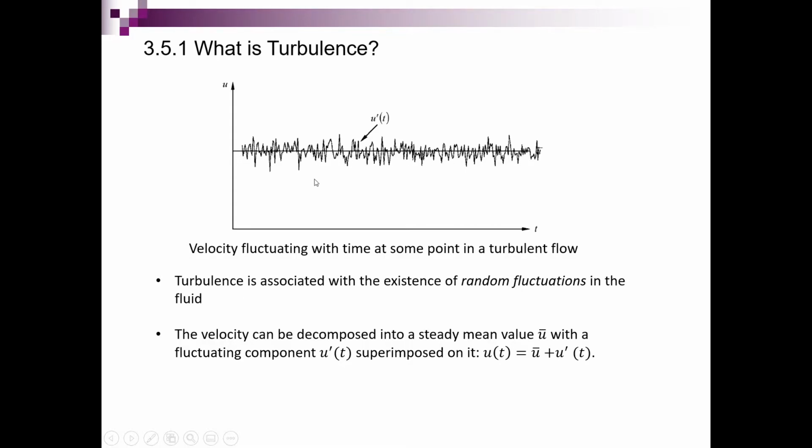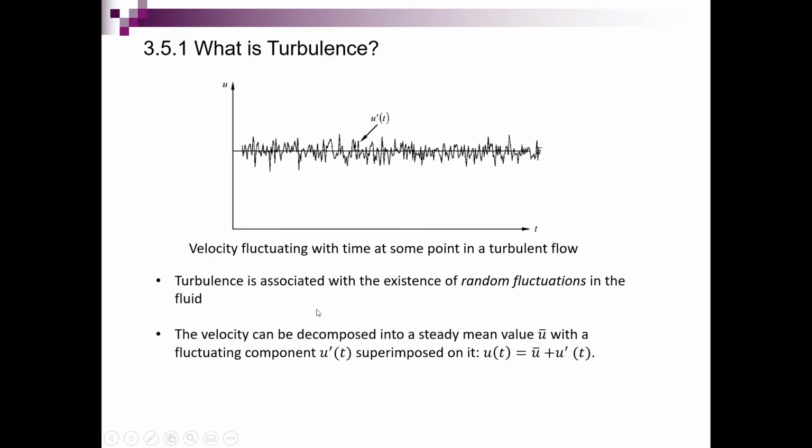So the velocity can be decomposed into a steady mean value, u bar. This line is the u mean, and u prime(t) fluctuates around it. Superimposing u prime(t) onto u mean, you get u(t).